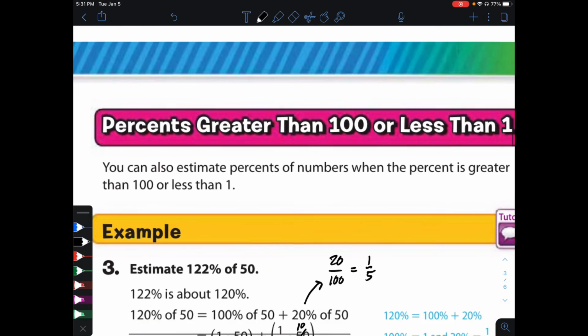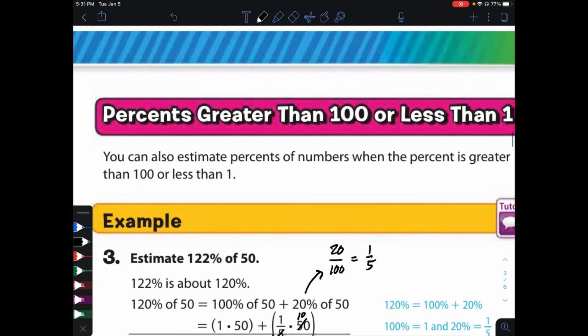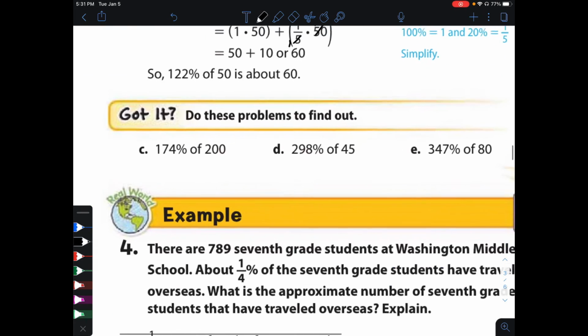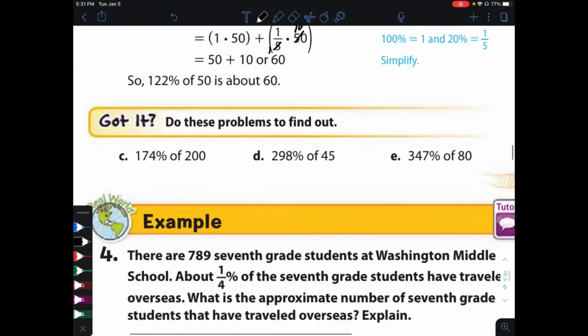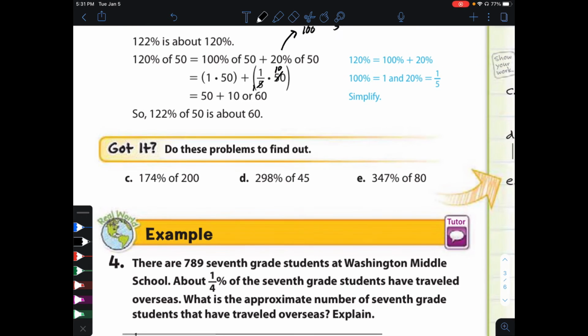Remember, okay, we are looking at percents greater than 100 or less than 1. Example number 4, it is going to be less than 1. So there are 789 7th grade students at Washington Middle School. About 1/4% of the 7th grade students have traveled overseas.